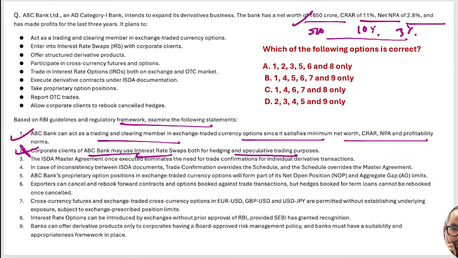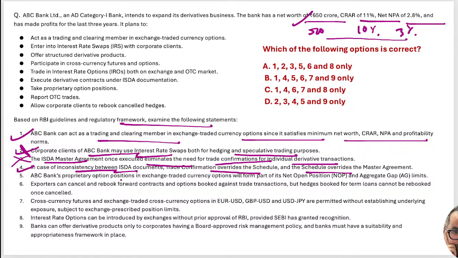Sorry, only for hedging, not for speculation. ISDA master agreements once executed eliminate the need for trade confirmation? No, trade confirmation will still be required. In case of inconsistency between ISDA and confirmation, the schedule will override the master agreement. This should be correct.